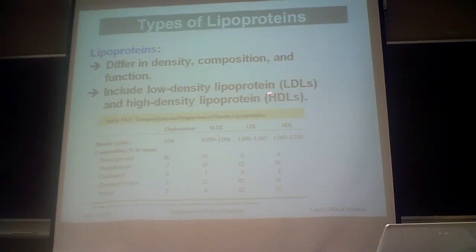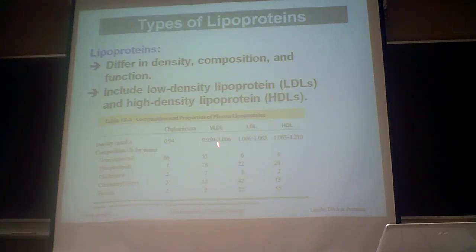They will say HDL is a good cholesterol, LDL is bad. If you have too much of this, then you have a higher propensity to get a heart attack, because it carries a lot. You see all the fatty stuff here, like glycerol, phospholipid, cholesterol. These are all found in very low density lipoprotein and low density lipoprotein.